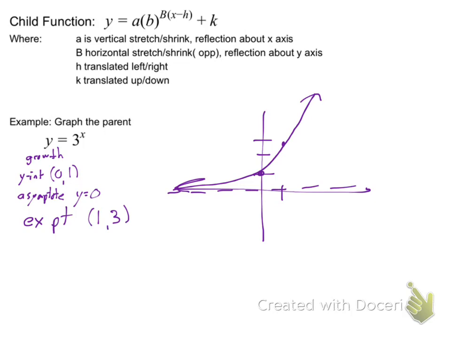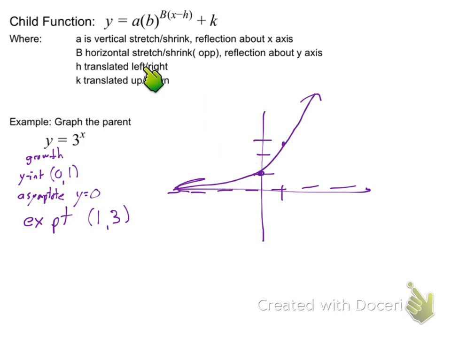But look what I put with B. B was your horizontal shrink or stretch, but I say opposite in here. Why? Because anything to do with x always seems to do the opposite. And it's reflected about the y-axis, so that means it flips it around the other way. It goes backwards.